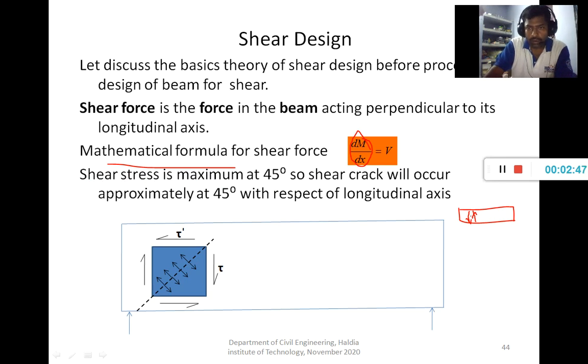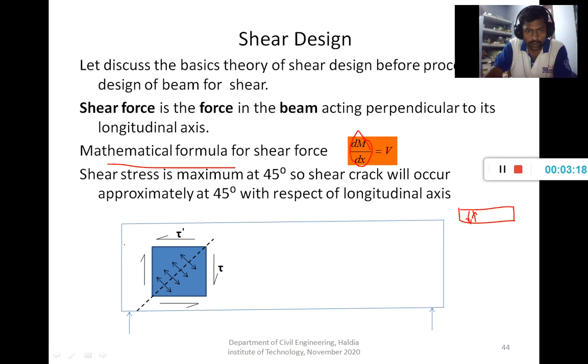If I write the expression, then you find that shear stress is maximum at 45-degree angle. So it means the shear crack also propagates or occurs at 45-degree angle because it is maximum at 45-degree angle.